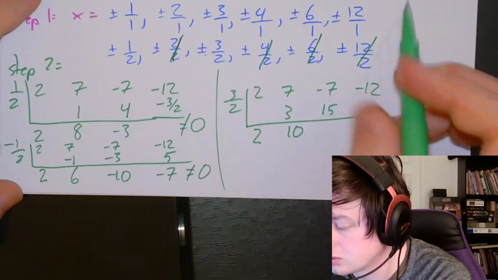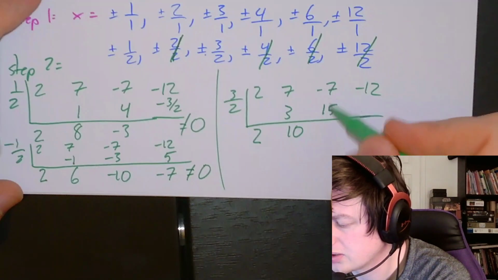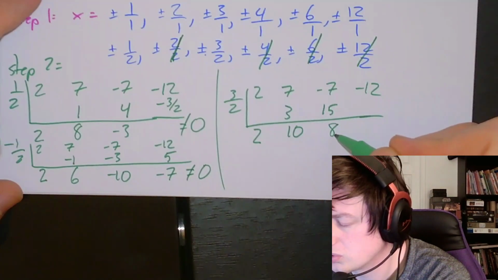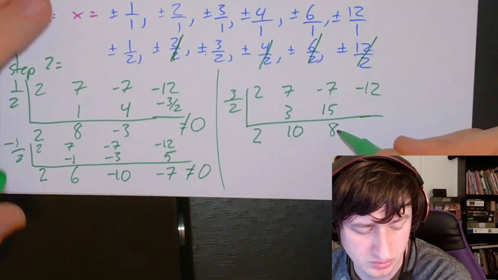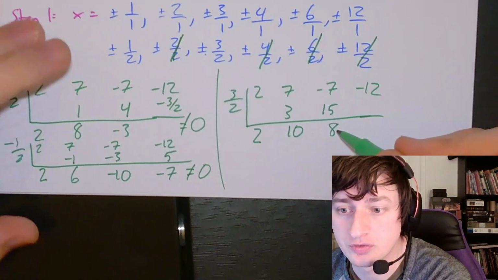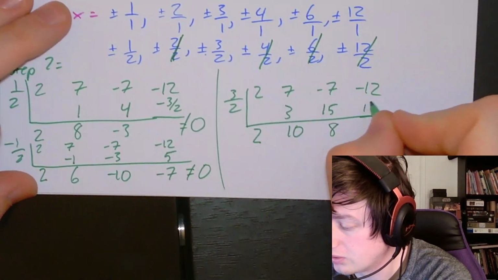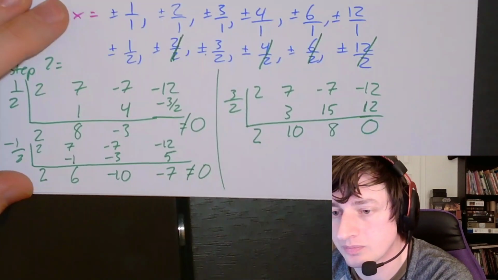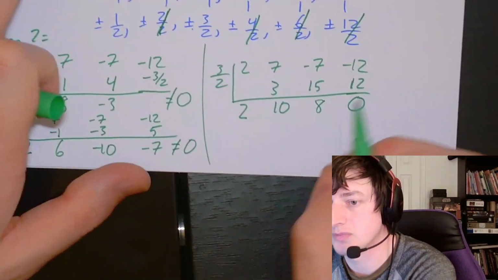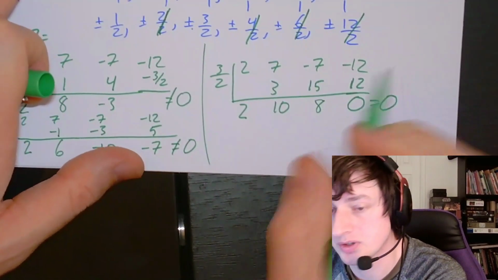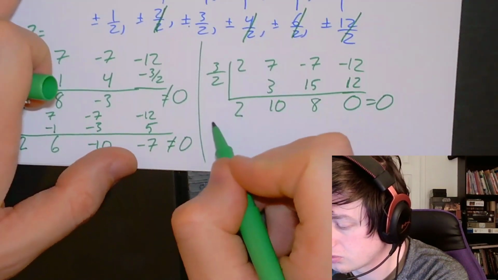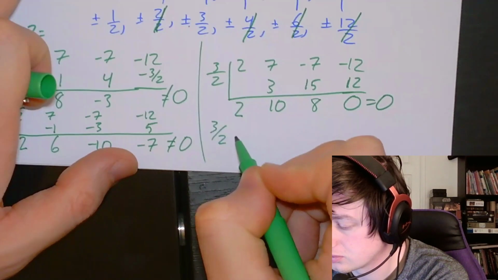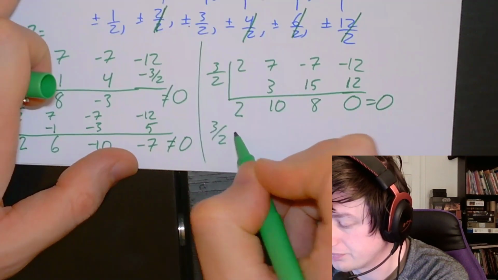This subtracts to make 8, multiply, divide by 2. 8 divided by 2 is 4 times 3 gives us a 12, and we get 0. And so this does equal 0, which is good. That's what we're looking for. So that means that we get 3 halves. Well, that's going to equal x.